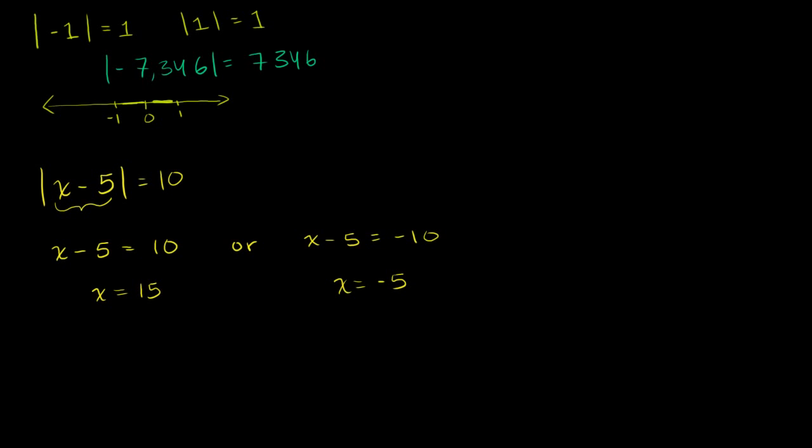Let's do another one of these. Let's say we have the absolute value of x plus 2 is equal to 6. So what does that tell us? That tells us that either x plus 2, the thing inside the absolute value sign, is equal to 6, or the thing inside of the absolute value sign, the x plus 2, could also be -6, right?